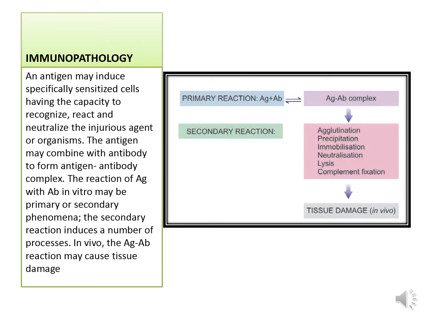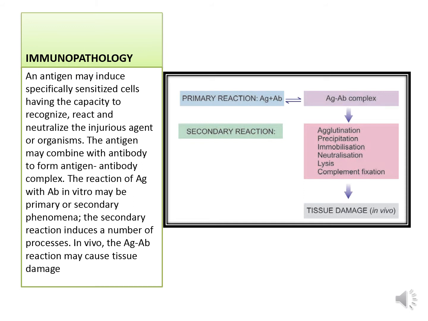Here we see the picture about reactions: the primary reaction, antigen-antibody, and the complex formation, and then the secondary reaction in tissues: agglutination, precipitation, immobilization, neutralization, lysis, complement fixation, which result in tissue damage in vivo.